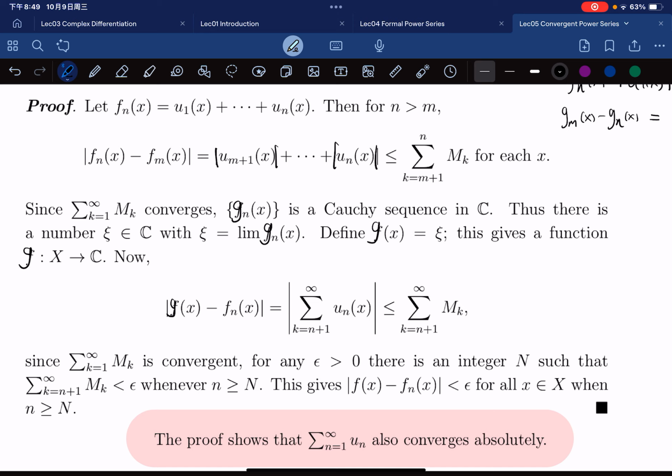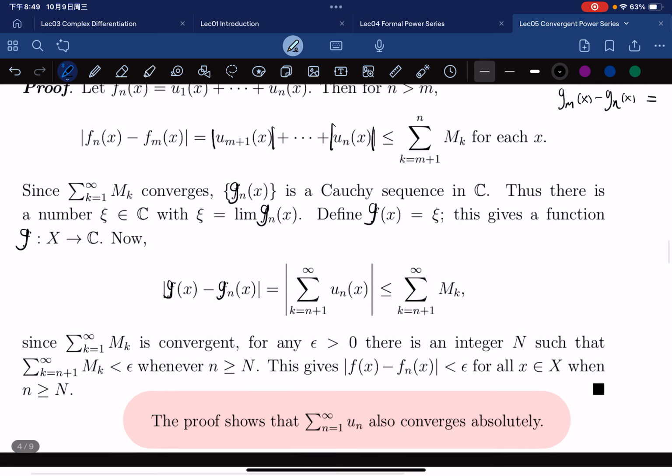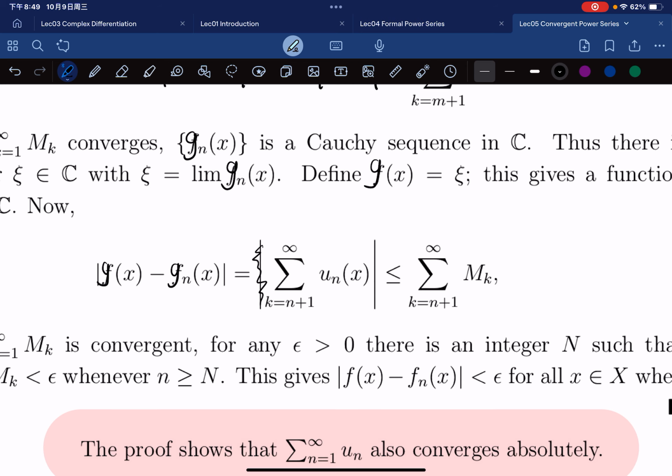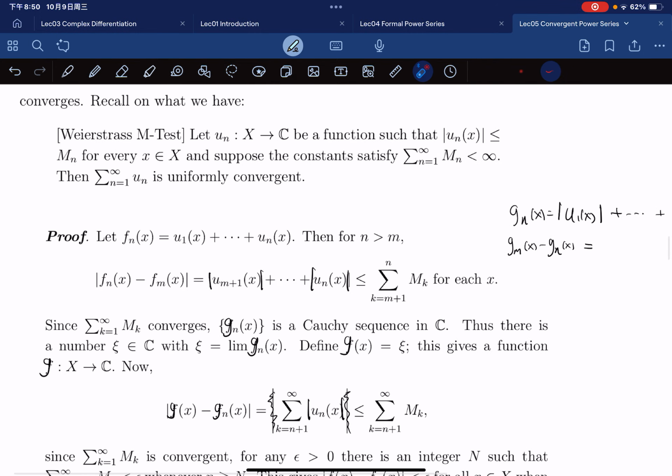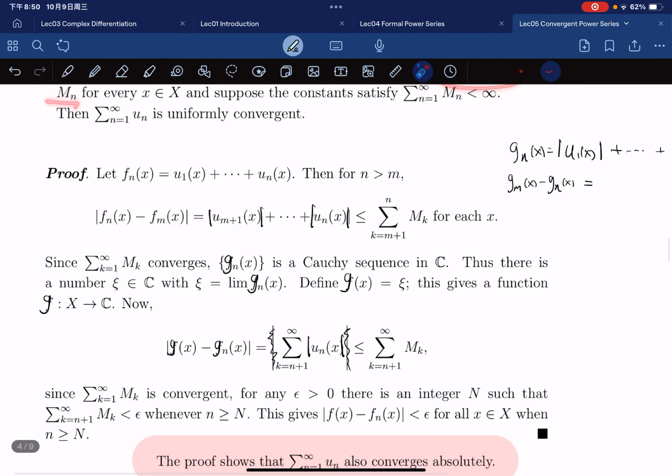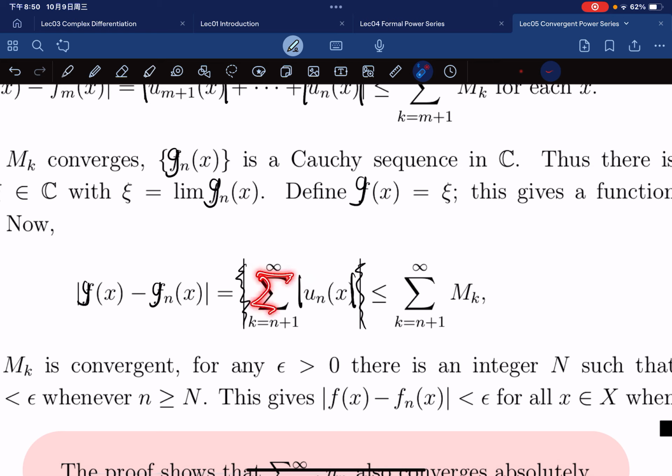Now, g minus g_n(x) will be equal to this sum of u_k(x), sorry, it should be k.